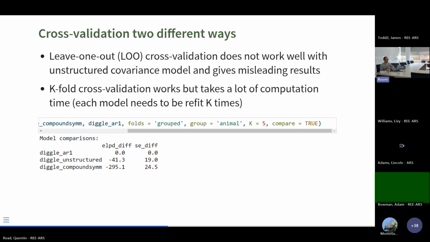Any less than that, you're kind of harming yourself. If you fit the model to only like 2/3 of the data and then predicted the other 1/3, you're reducing the amount that you're using to fit a little bit too much. So I like to use 5 or 10.